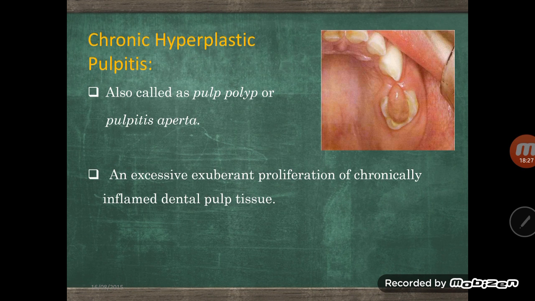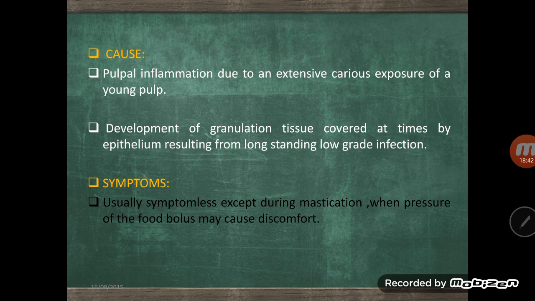And the next thing is chronic hyperplastic pulpitis, already discussed in yesterday's exam too. Chronic hyperplastic pulpitis is also called pulp polyp or pulpitis aperta. Causes may be deep or extensive caries lesion leading to exposure of the young pulp.